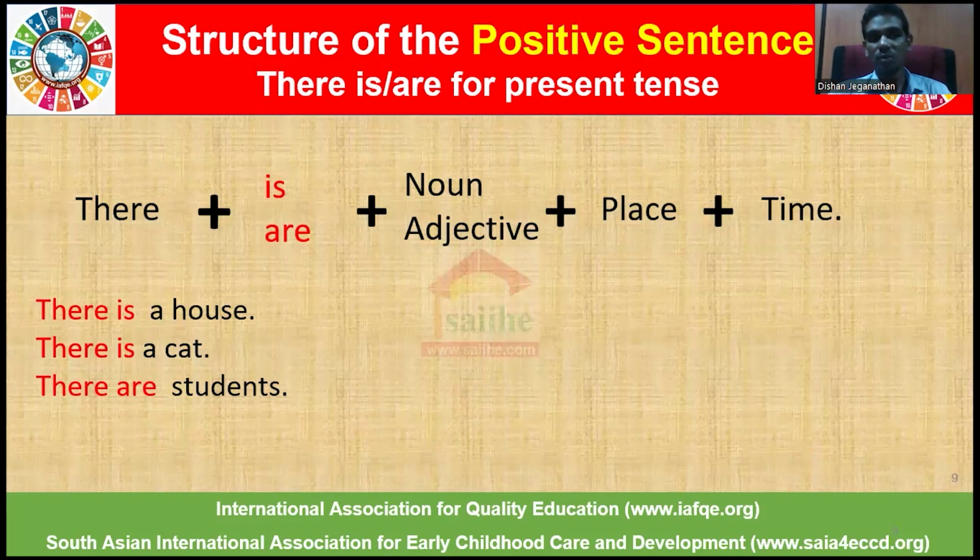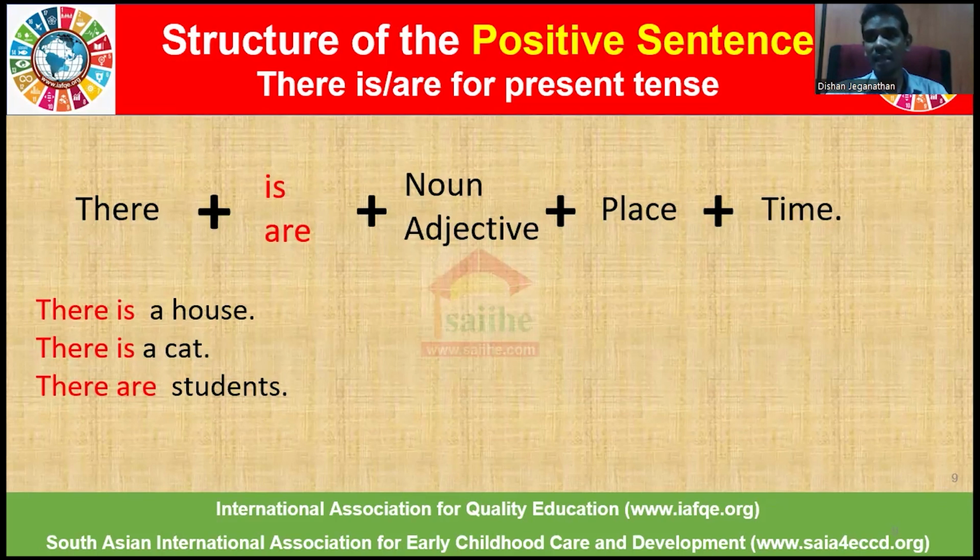There is a house, there is a cat, and there are students. As I told you all earlier, is is used for singular and are is used for plural. When you say there is a house, it describes a particular house which is placed in an area. And there is a cat. It talks about a particular cat.